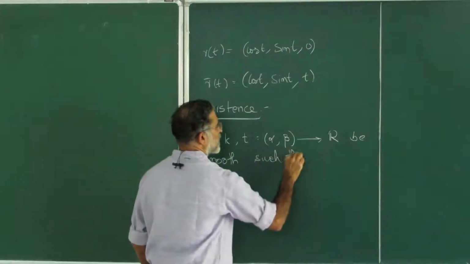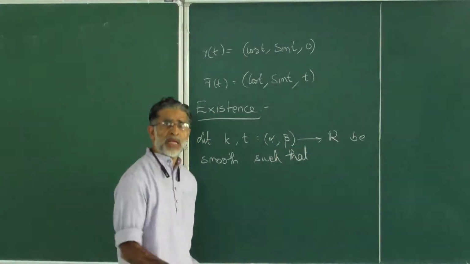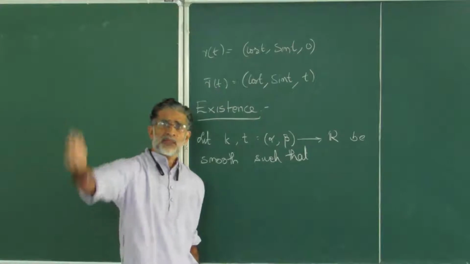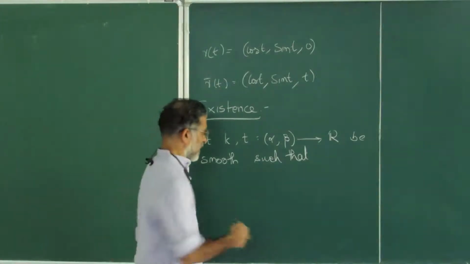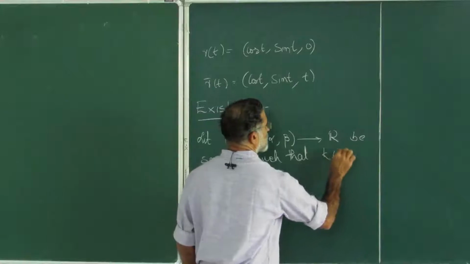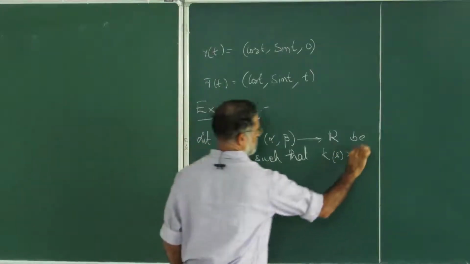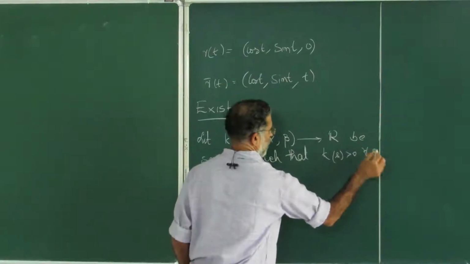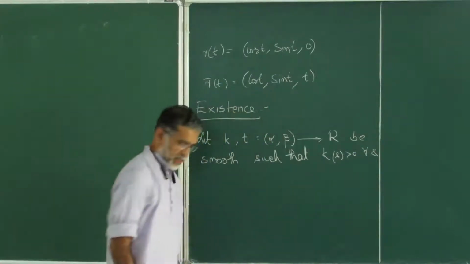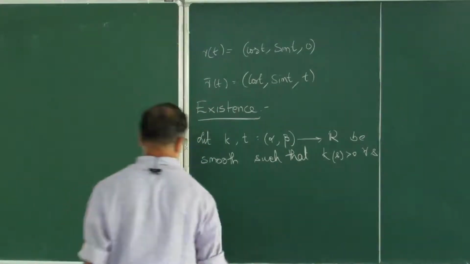For torsion we don't have much of an issue. It can be anything. It could be 0 and sometimes 0. Through some plane it has gone, then it must have deviated this way or that. k(s) is positive for every s. So let's take k(s) positive.